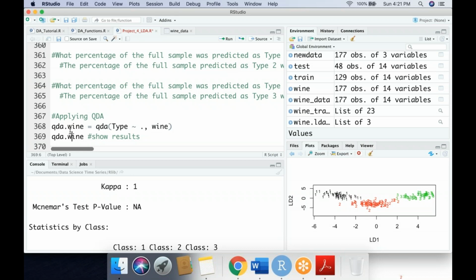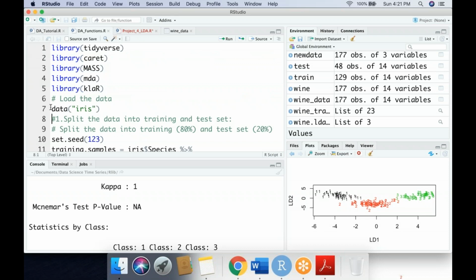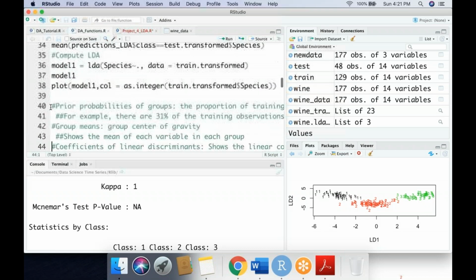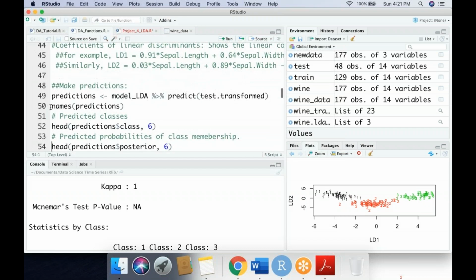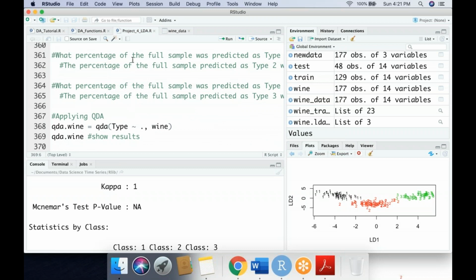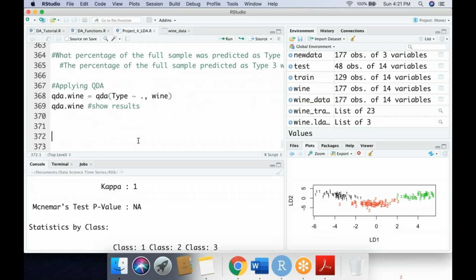In a similar way, probably we can also write a model of QDA, and I have also shared other types of discriminant models with you, like FDA, MDA, RDA. So I want you at home just to try those models on the same data and see what the outcome is. At the same time, in LDA, the model we have written right now, we have not excluded any features, we have done it with the whole data.